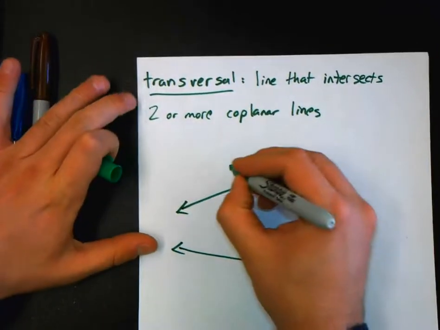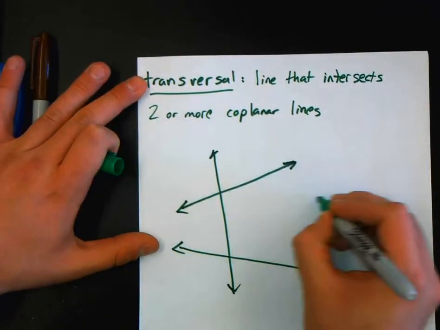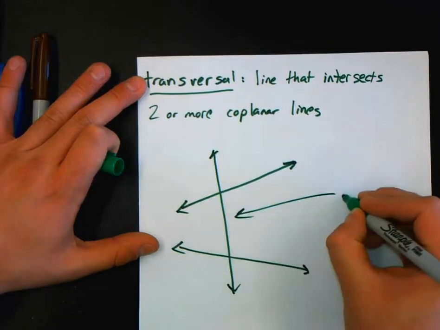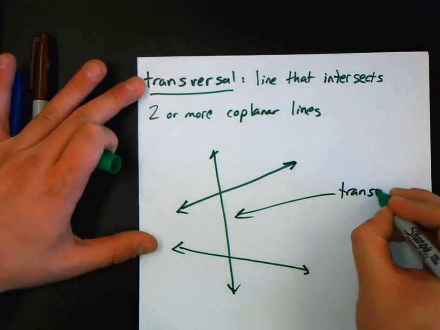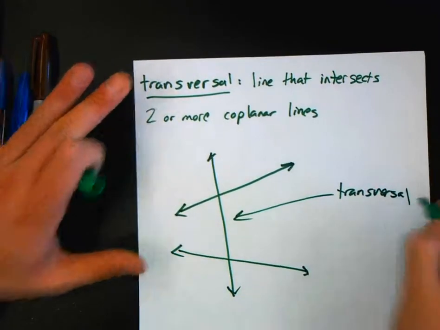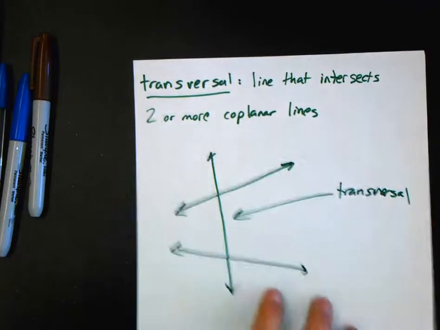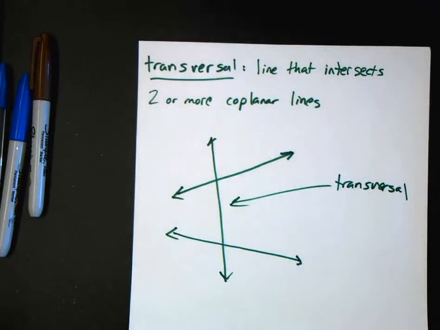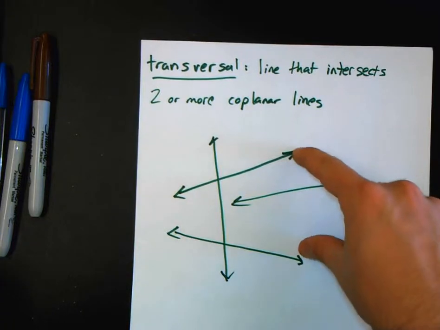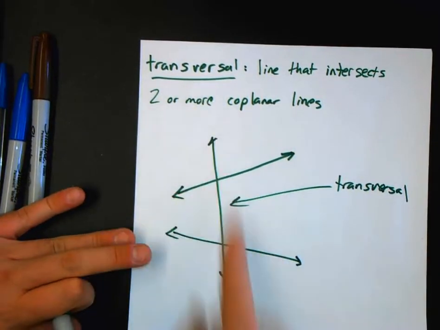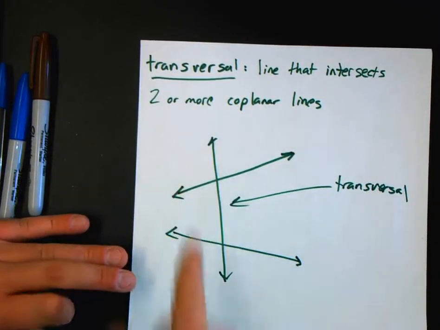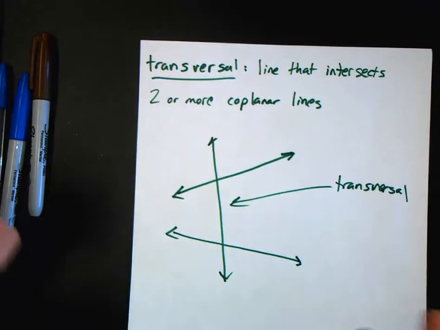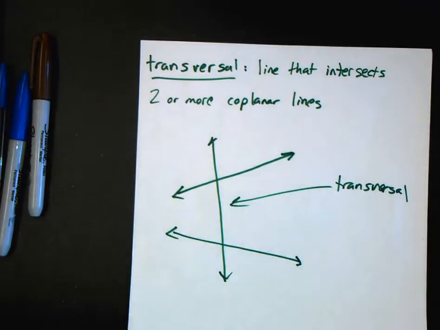A transversal is basically one that intersects these two. They don't have to be parallel, they don't have to be skew or perpendicular at all. As long as you have these two coplanar lines and this one that is cutting or intersecting, then it is called a transversal.